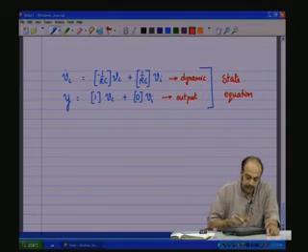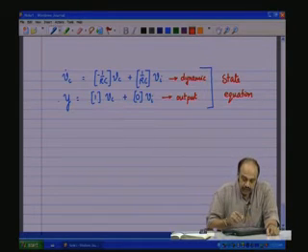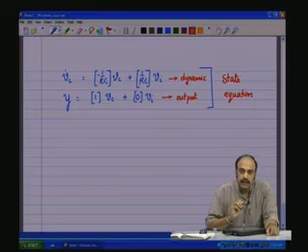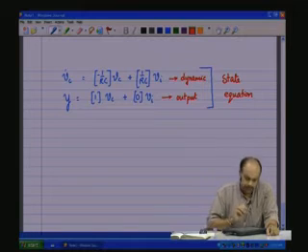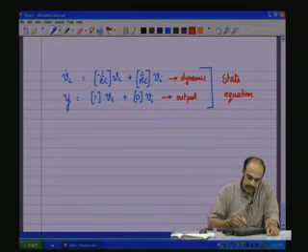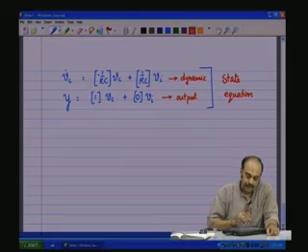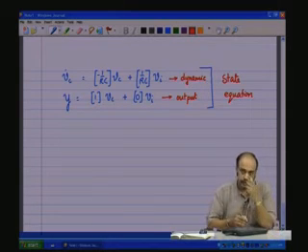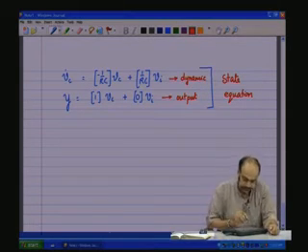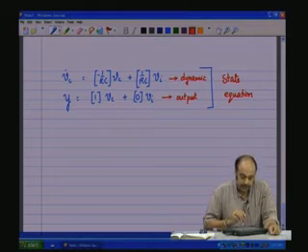So, the dynamic equation and the output equation together describe the system completely, and we see that to describe it completely, we need just the input variable and the state variable, and the state variable is nothing but the variable associated with the energy storing component of the particular circuit.